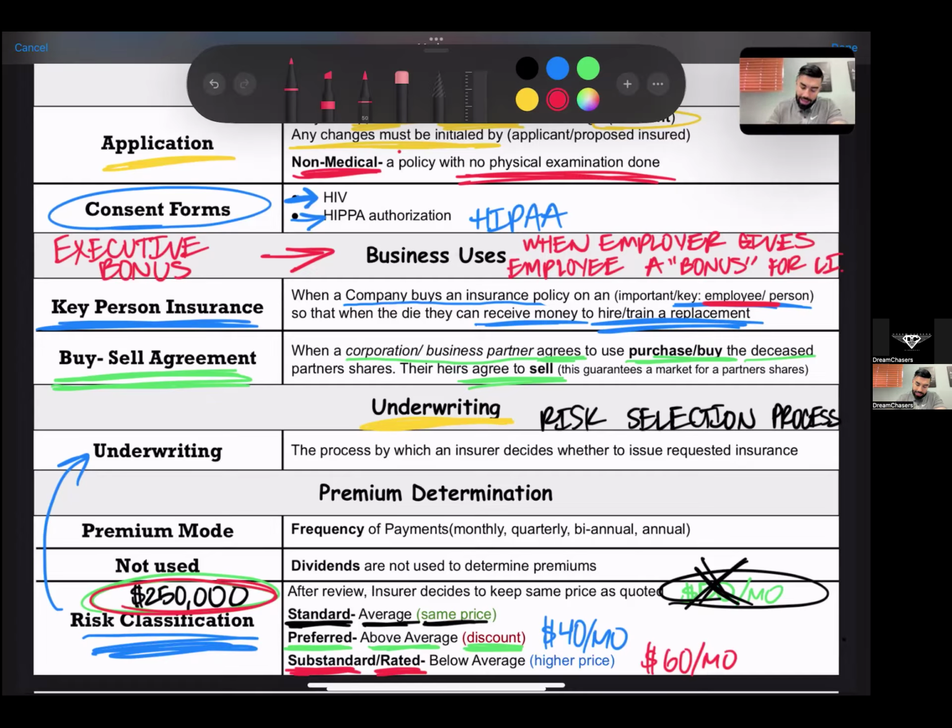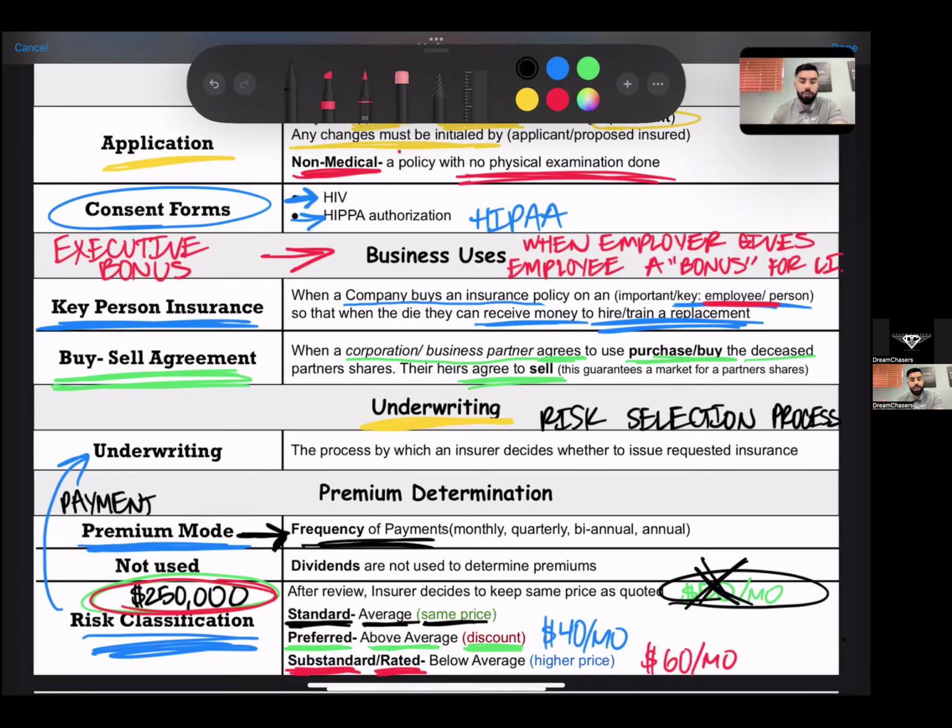And lastly, here, when we refer to the term premium mode, what we're referring to is, remember, the word premium is another word for payment, and mode in insurance is the frequency. So, how often are you paying your policy? So, premium mode is just the frequency of payments, right?